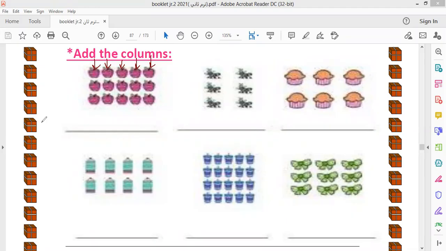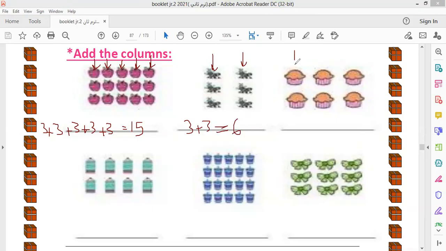So we write 3 plus 3 plus 3 plus 3 plus 3 equals 15. And we have here 2 columns, and each column have 3. So we write 3 plus 3 equals 6.